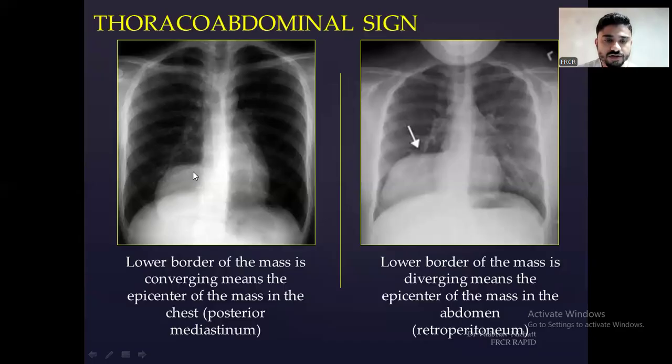That means the epicenter of the mass is in the chest, most likely in the posterior mediastinum. In this case, the lower border of the mass is diverging towards the abdomen. That means the epicenter of the mass is in the abdomen, most likely in the retroperitoneum and not in the chest. This is a retroperitoneal mass extending into the chest.